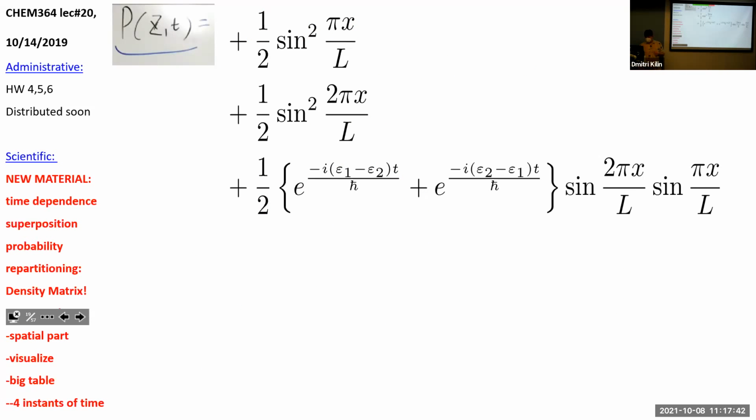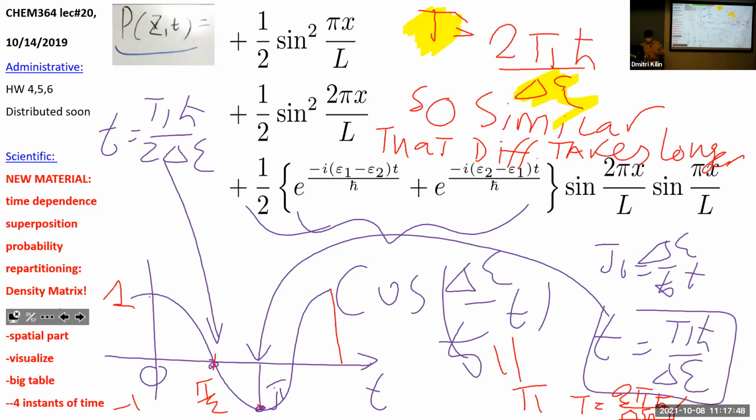So we are doing nothing but exploring this equation. And let's look at this summation of exponentials, or cosine.